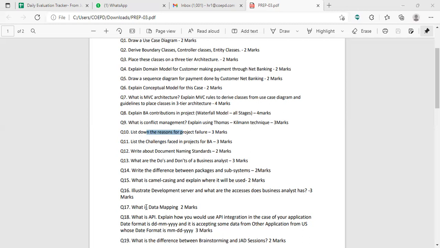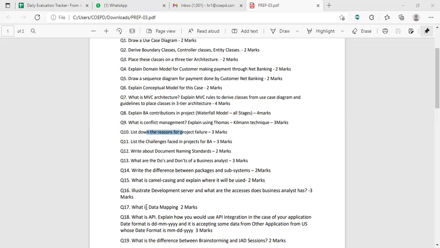Okay. 15th one speaks about what is camel casing and explain where it will be used. So if you remember, guys, camel casing is nothing but a unique way of writing in the object-oriented approach, the objects. It is nothing but how a developer would explain the direction of the object, the behavior of the object.